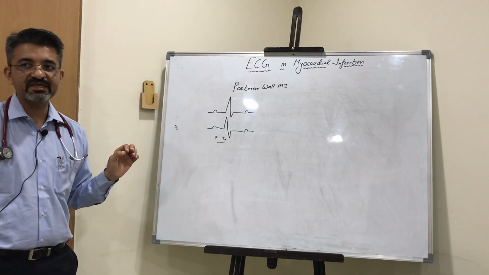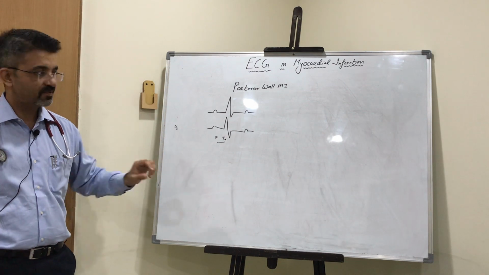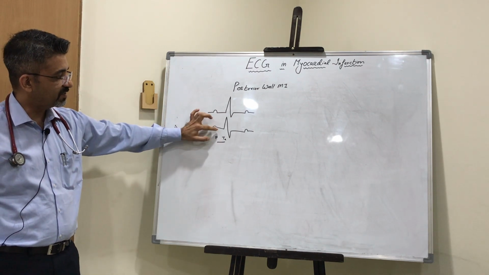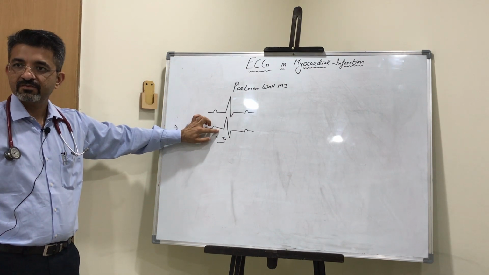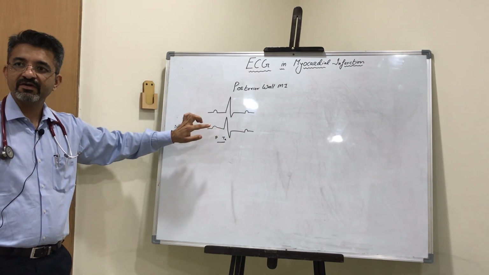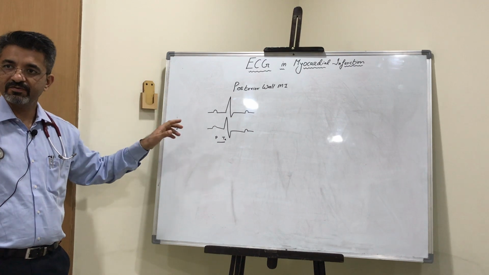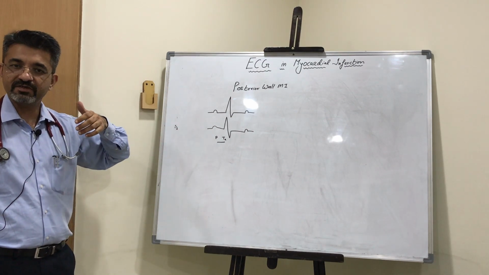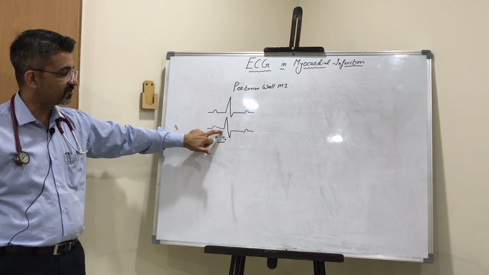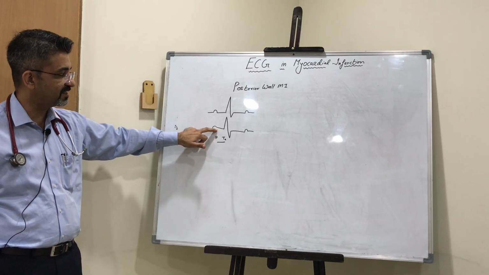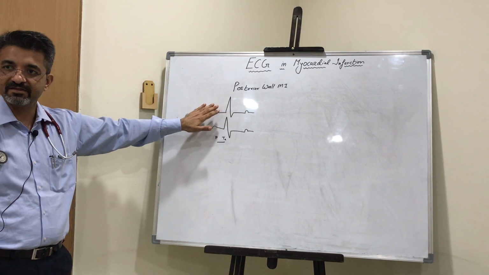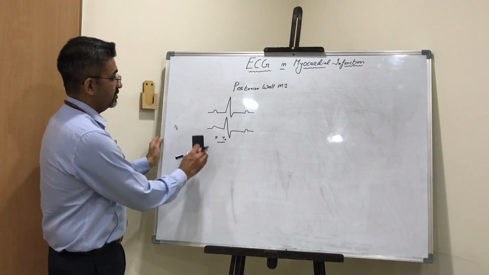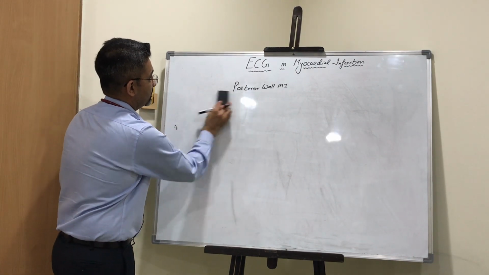The elevation of the PT atria segment is known as atrial infarction. Right? So whenever you have the right coronary artery involved, a high right coronary artery, you can have atrial infarction. You can find that your PR segment is elevated like this as compared to different areas.